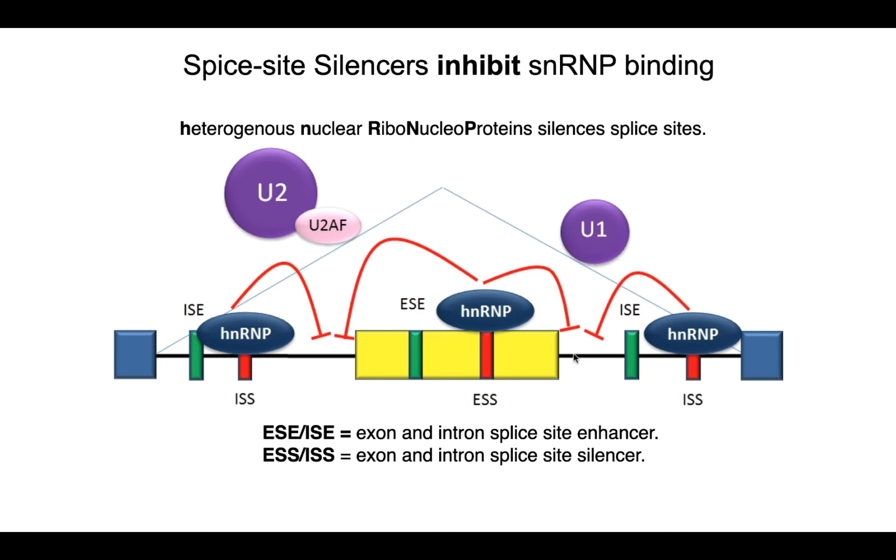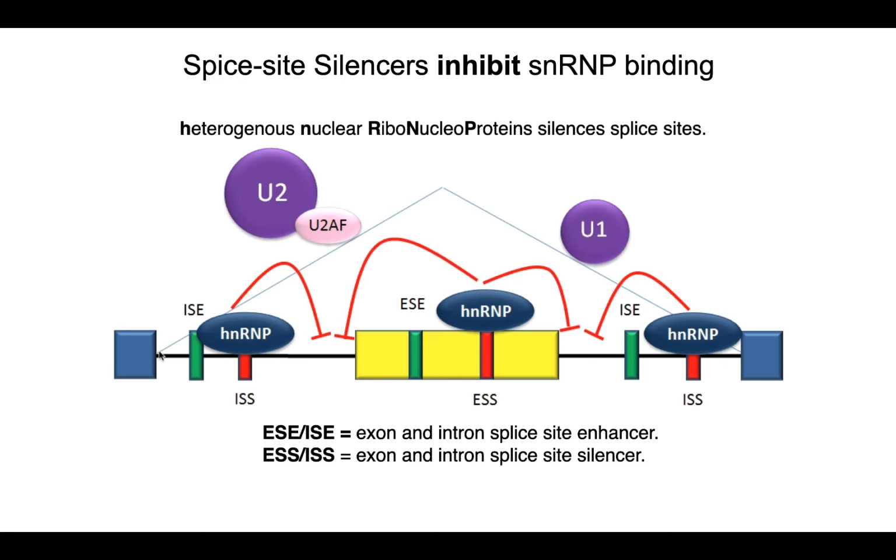splice site. And when you inhibit the proteins from binding to these sites here, then instead of this intron being spliced out and this intron being spliced out, what happens is you end up with this intron, this exon, and this intron all being spliced out, right?